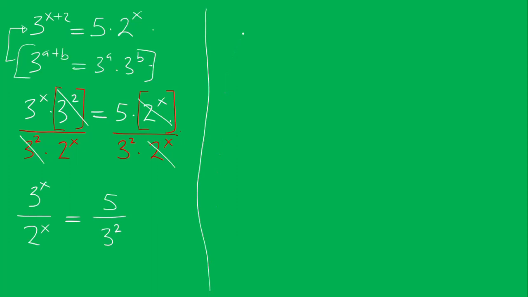Now, there is also a law of indices: if you have a to the power b divided by c to the power b, this is the same thing as a all over c all to the power b.